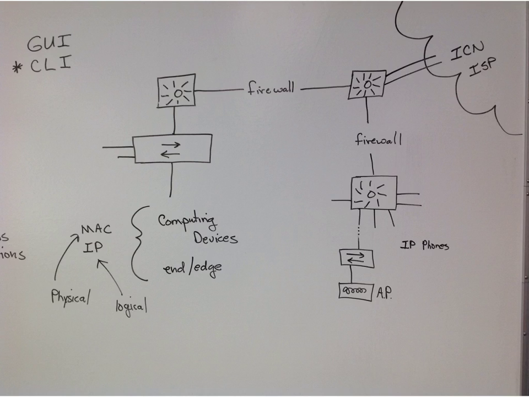So, we got into talking a little bit about the organization of the room, and now here we're going to talk about computing devices, end devices. And when we talk about the edge, this is where the devices come in.